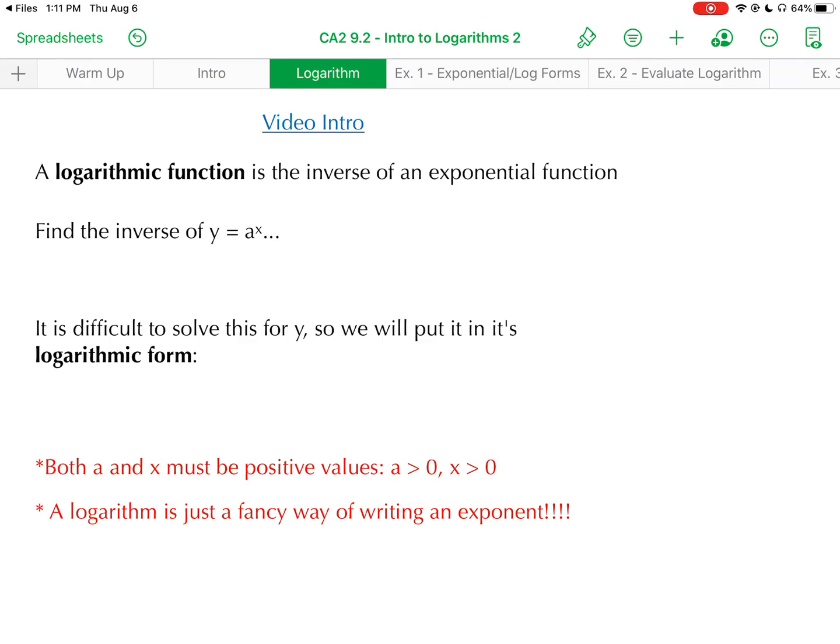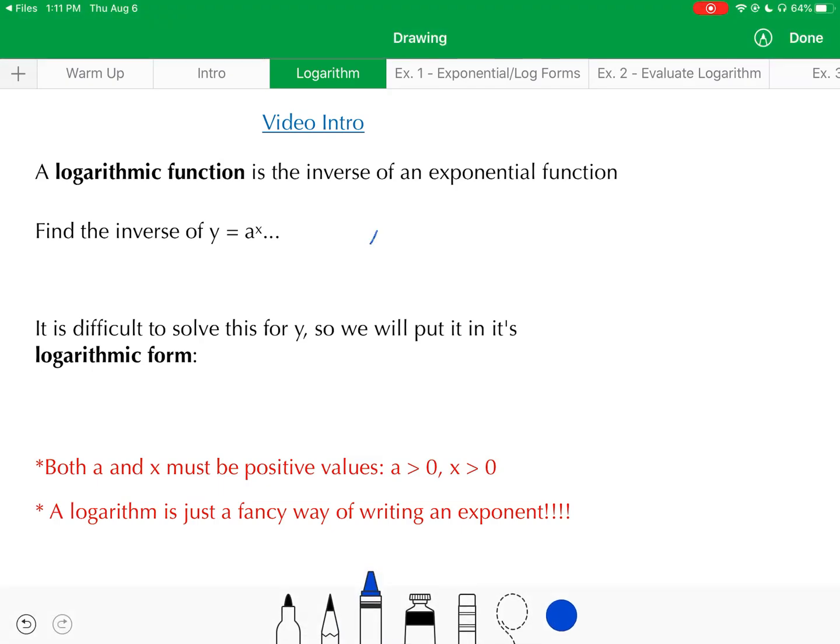So if we're working with an exponential equation of y equals a to the power of x, to find its inverse, we simply need to make this become x equals a to the power of y, okay? Now, the issue here is since y is within the exponent now, it's difficult for us to solve this back for y, all right?